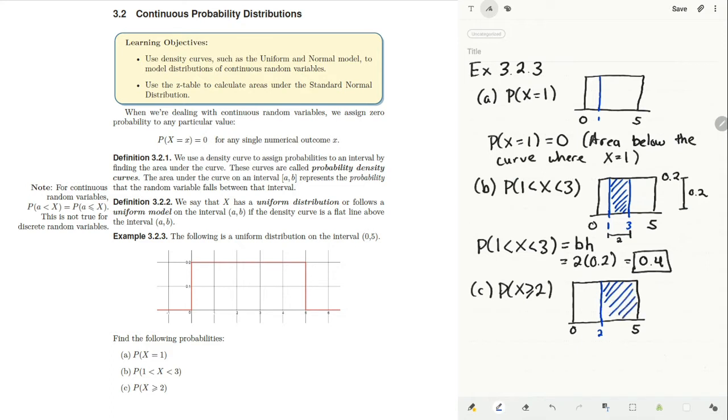And so the probability will be the area of this rectangle, which has a base of 3 and a height of 0.2. And so the probability will be the base times the height, which is 3 times 0.2, which is 0.6.